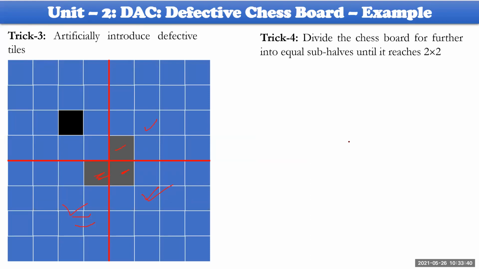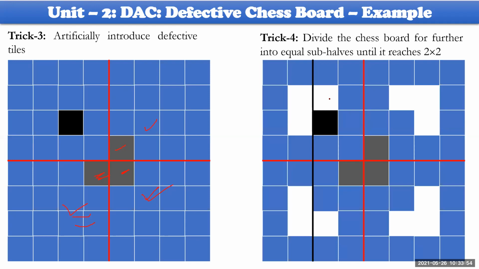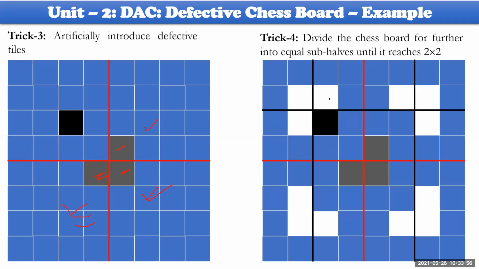Then, I don't know how to solve this 4 by 4. I couldn't understand how to solve this particular 4 by 4. Then how could you do it? How could you solve this one? Follow the same step again. Divide this 4 by 4 again into 2 by 2 in such a way. After division, you can observe this 2 by 2 is okay.